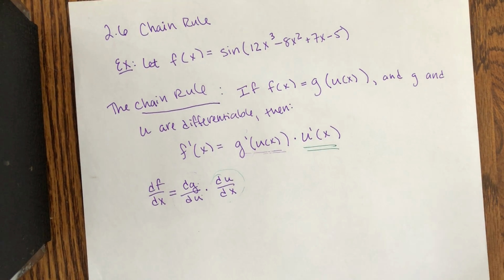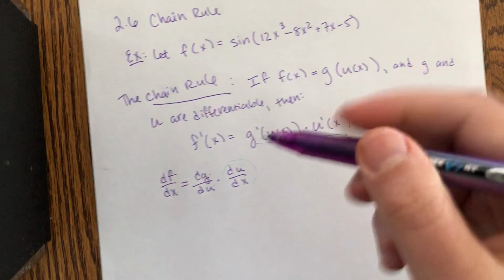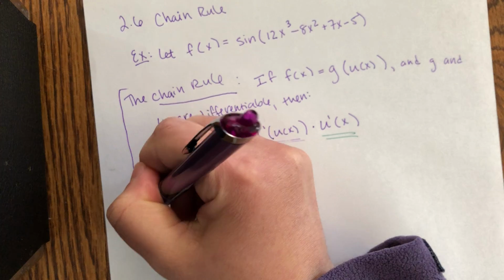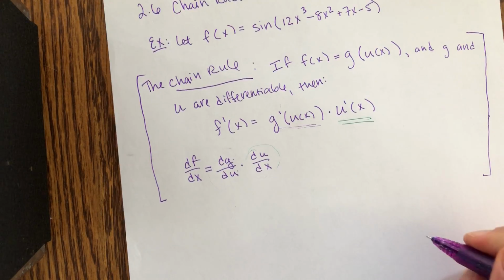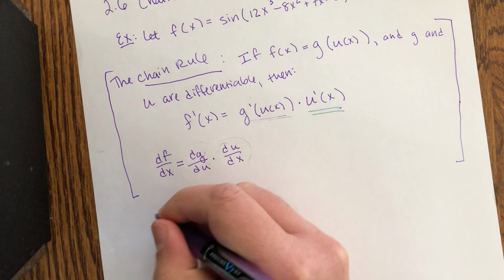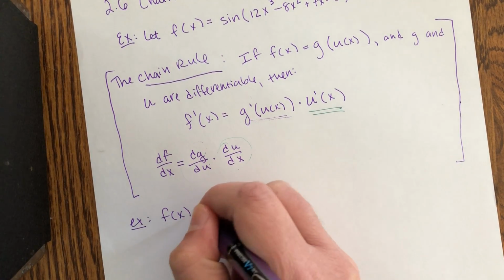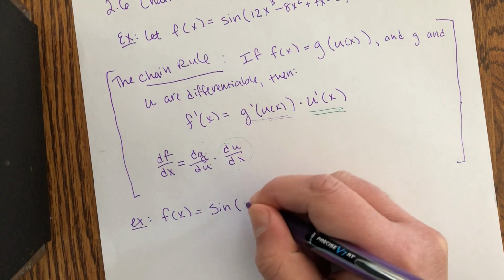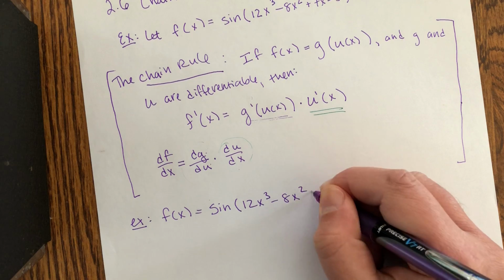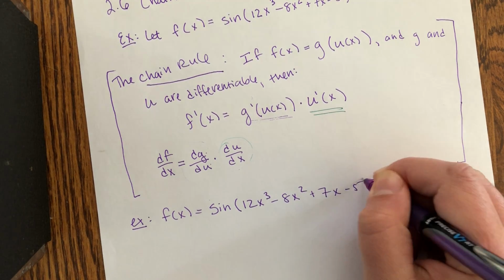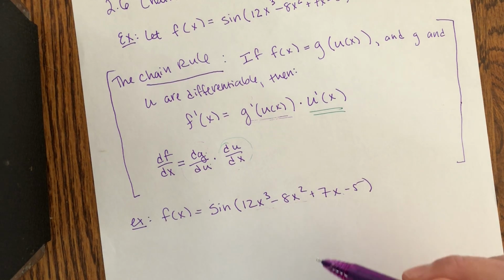Okay, so let's go through this example of what we just did. Apply this chain rule to our first example here and see what we get. Our original function in example 1 was sine of 12x cubed minus 8x squared plus 7x minus 5. Okay, so we're plugging this polynomial function into the sine function.